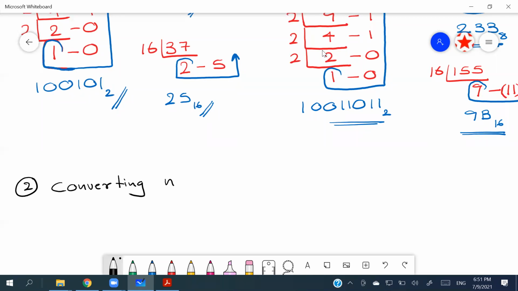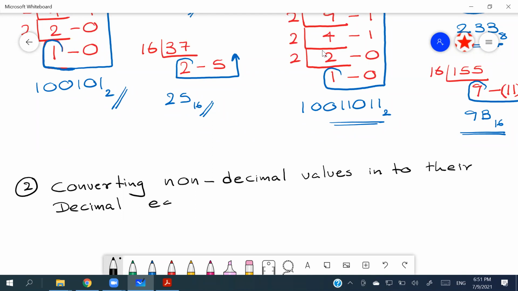Converting non-decimals into their decimal equivalent, right?